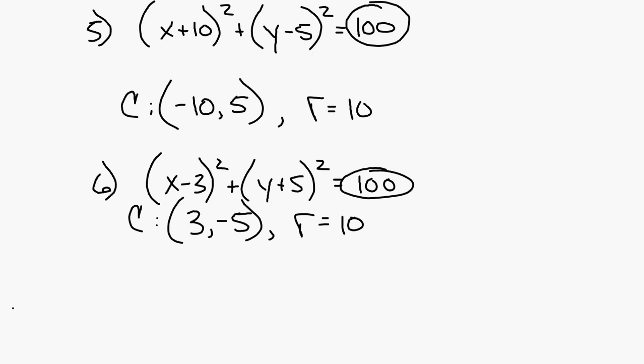Alright, number 7. Got to write an equation again. What is the equation of a circle with a center at 0, 0? A point on the circle is at 5, negative 2.